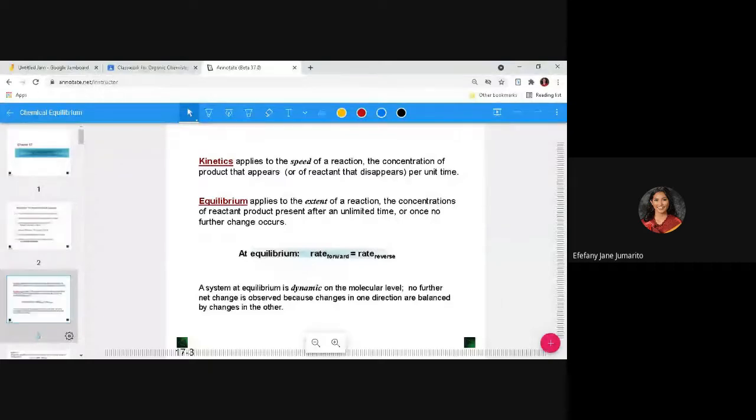So let's take a look at this. Dinitrogen tetraoxide. We have N2O4, and it yields a product of 2NO2.